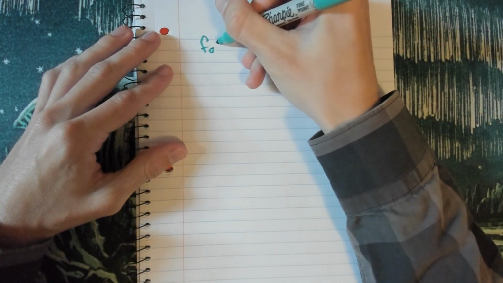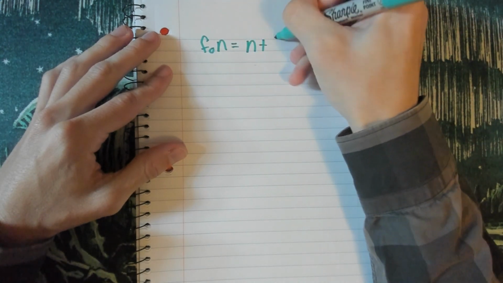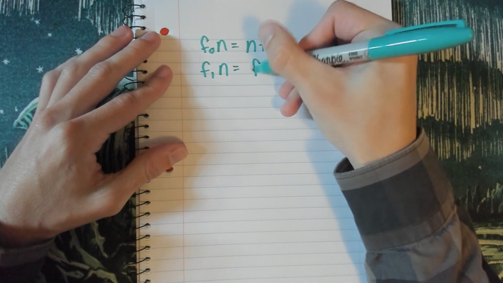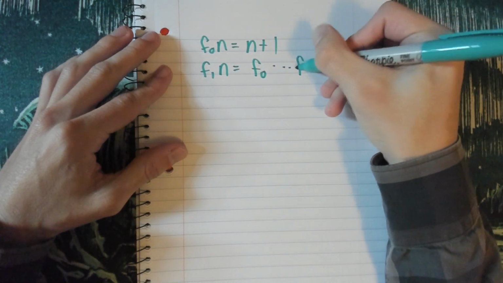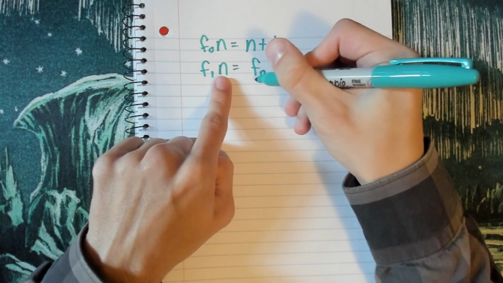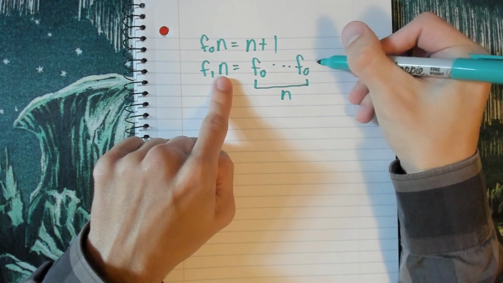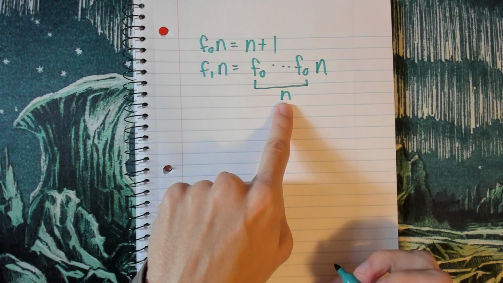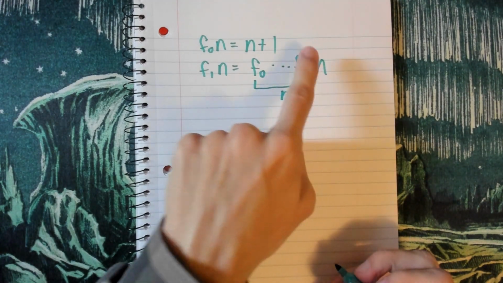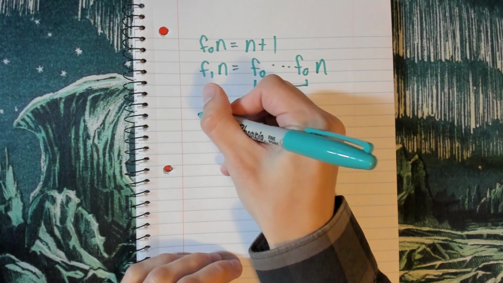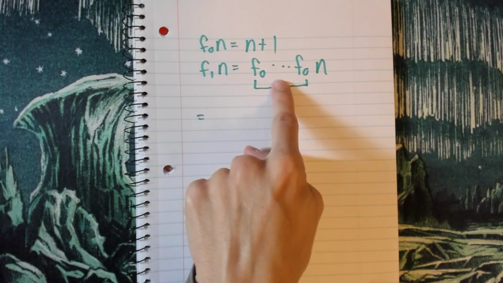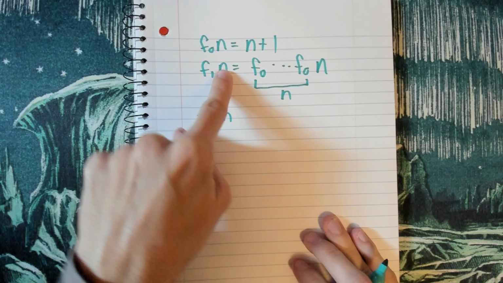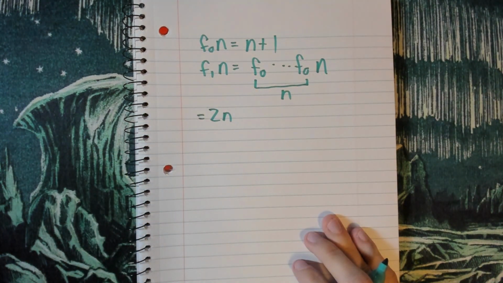So f0 of n is just n plus 1. f1 of n is going to be f0 applied n number of times to n, which means we're adding 1 n number of times. So n plus 1 plus 1 plus 1 n times, that's the same thing as n plus n, which is 2n. So f1 just takes the input and doubles it. That's what f1 does. What about f2?